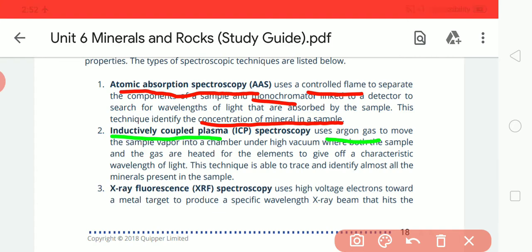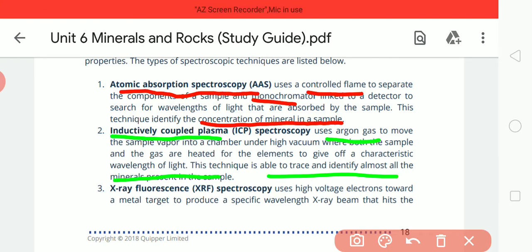This technique is able to trace and identify almost all the minerals present in the sample. So, inductively coupled plasma or ICP spectroscopy uses argon gas.